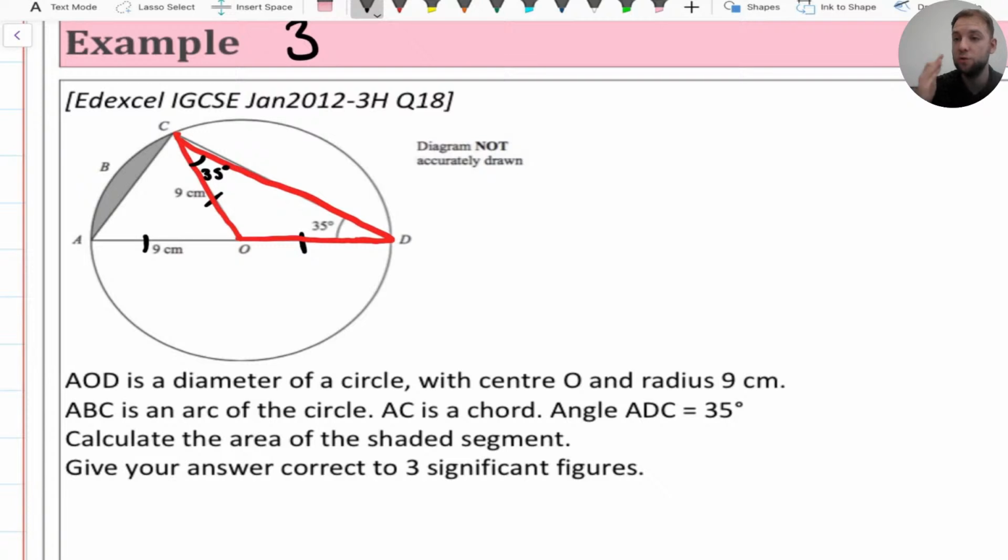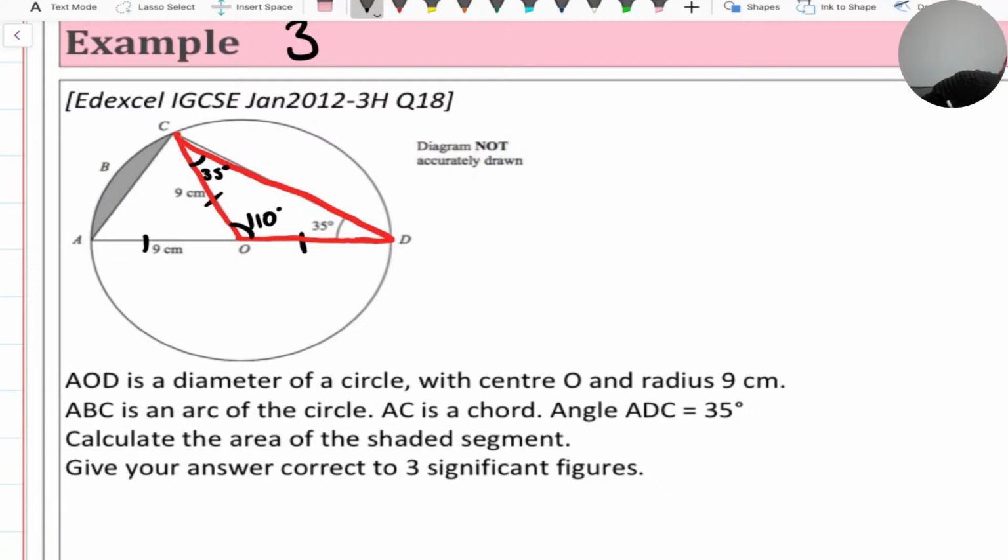As soon as you know that this is an isosceles triangle, you can start to fill everything in. If that's 35 and that's 35, I can take these away from 180. 35 and 35 is 70, so 180 take away 70 is going to be equal to 110 there.